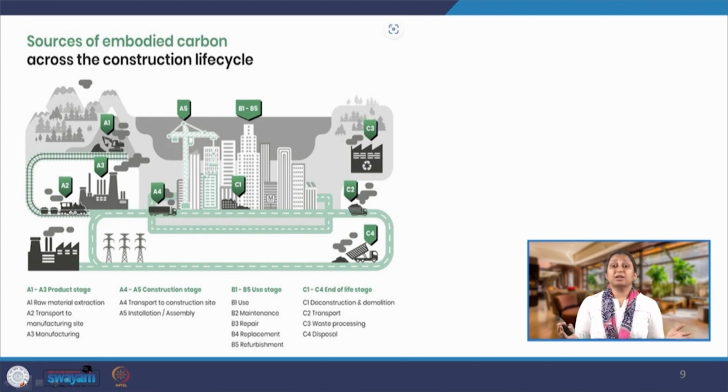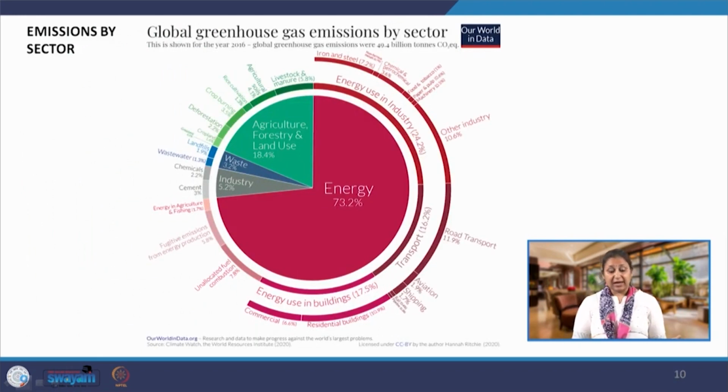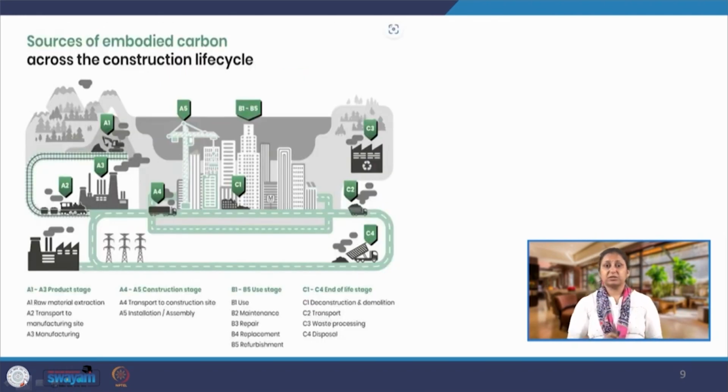How much will be the life cycle, and when we are doing carbon accounting also, and whenever we are doing life cycle analysis or life cycle energy analysis, life cycle cost analysis, this definition of life cycle becomes very critical, that how much and what is my boundary.